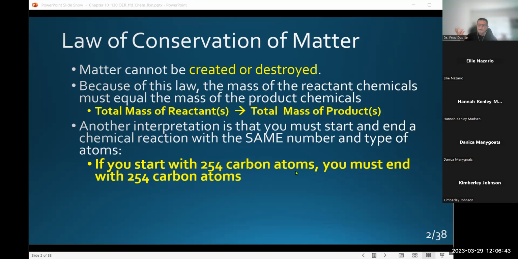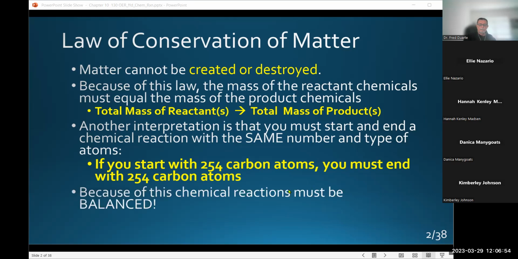Now they're going to be a different type of carbon atoms, but they're still carbon, just in a different form. Okay.